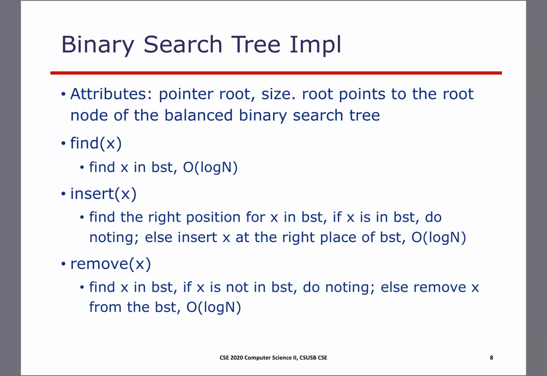In this video, we will talk about using a binary search tree to implement the set abstract data type. When we use a binary search tree to implement a set, we need the attribute root.